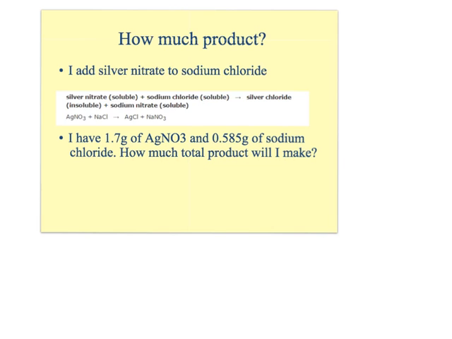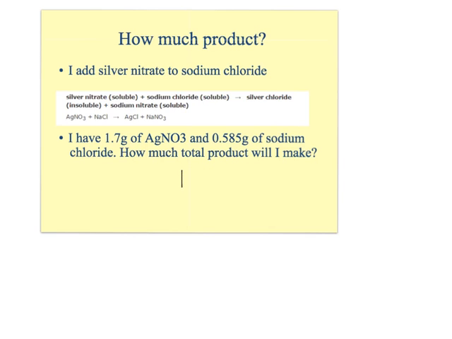So this is another precipitation reaction. So in this one, you've got silver nitrate and sodium chloride, which are soluble, producing silver chloride, which is insoluble, and sodium nitrate, and you've been given a balanced symbol equation below. Now, if you have 1.7 grams of silver nitrate and 5 grams of sodium chloride, it's very simple.